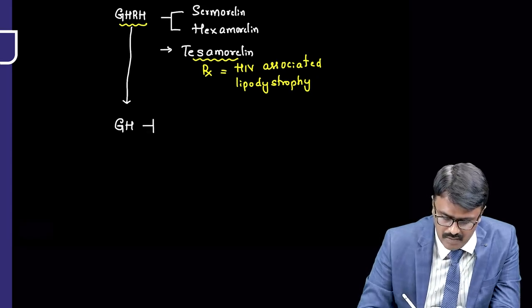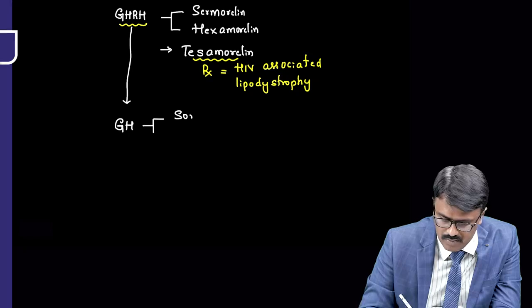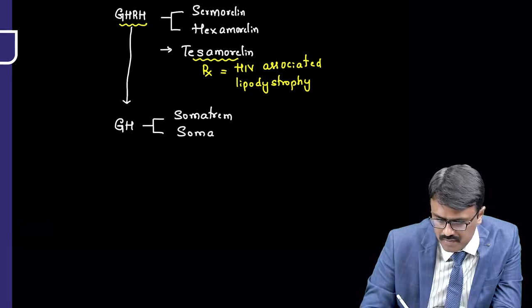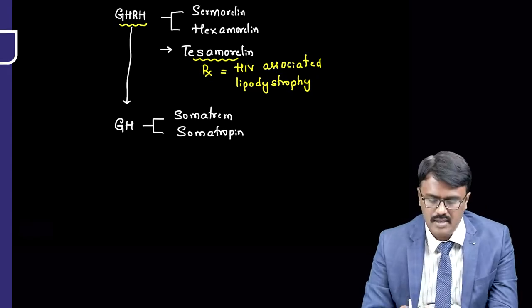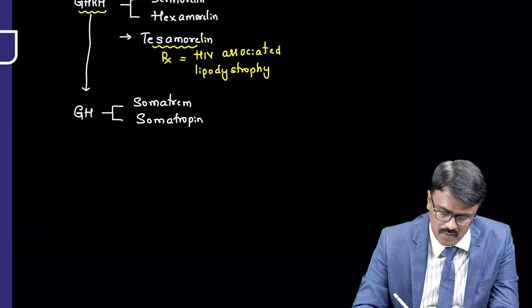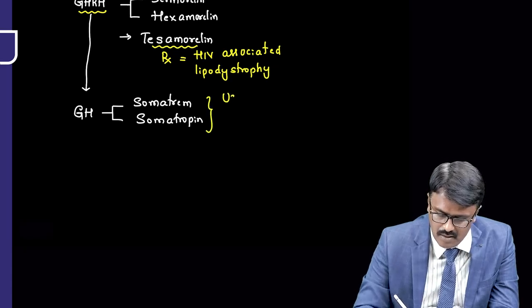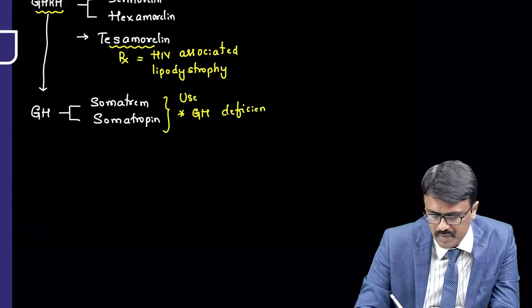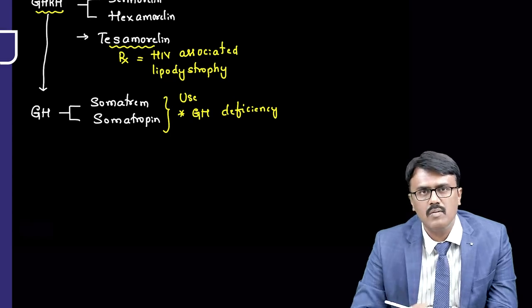Sir, is there any preparation of growth hormone? Yes, the name is somatropin and one more is called somatrem. So these are growth hormone preparations. Now where do we use them? Obviously when there is growth hormone deficiency, when the growth hormone is not working or not coming out.